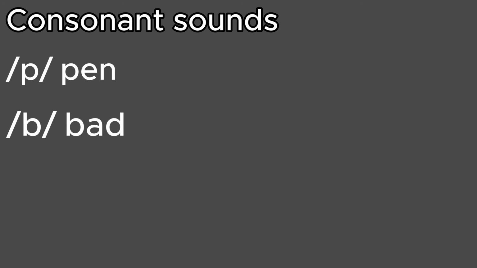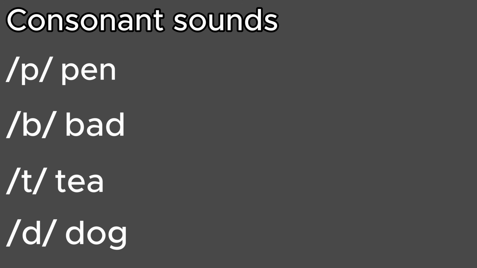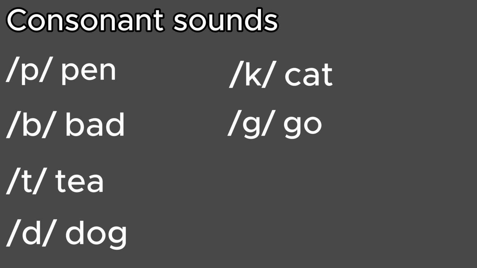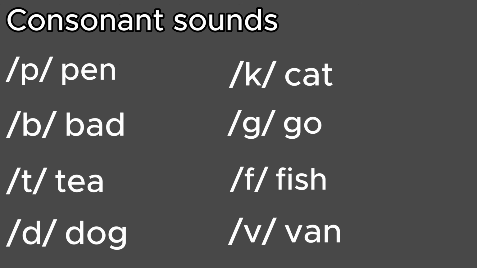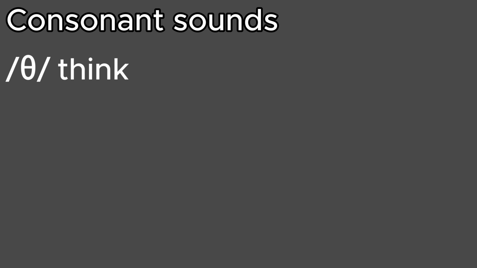Short vowel sounds, long vowel sounds, and diphthongs. And then what's remaining is consonant sounds. So we got /p/ as in pen, /b/ as in bad, /t/ as in tea, /d/ as in dog, /k/ as in cat, /g/ go, /f/ fish, /v/ van, /θ/ think, and note that one because it's a weird symbol.